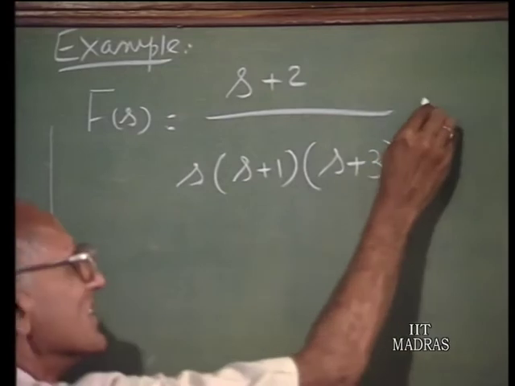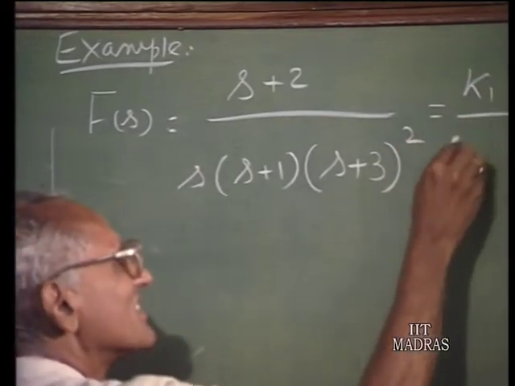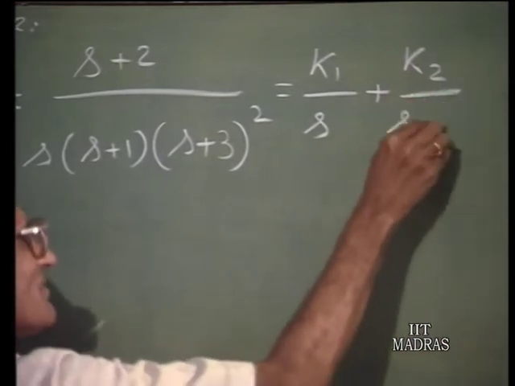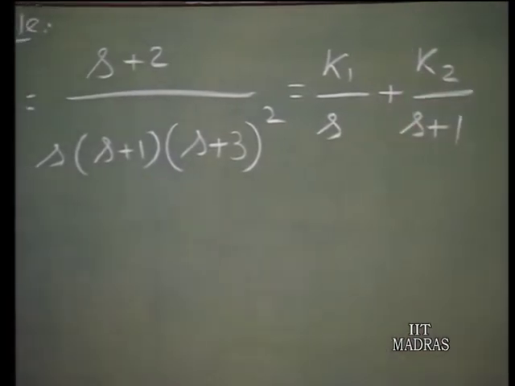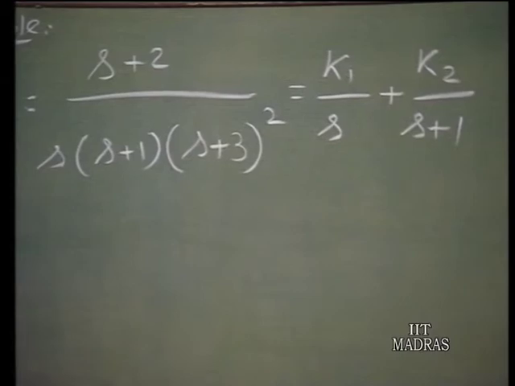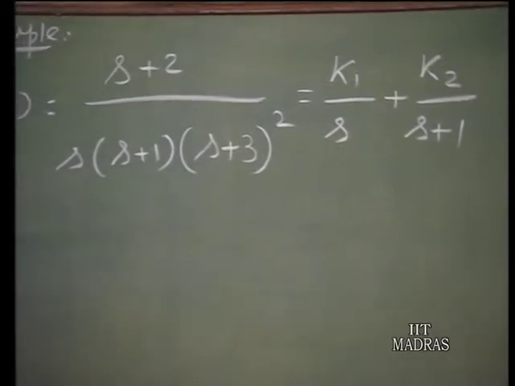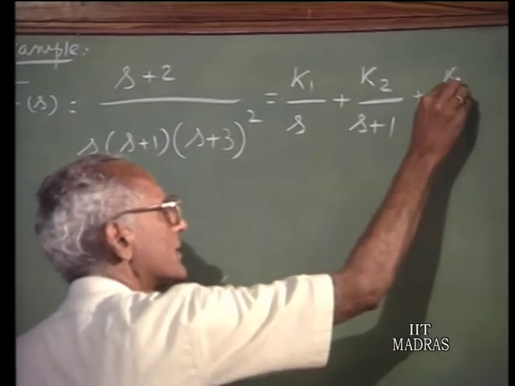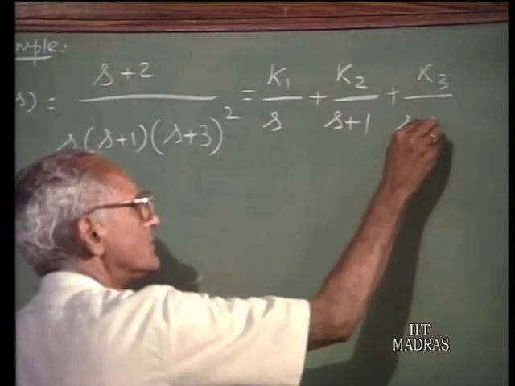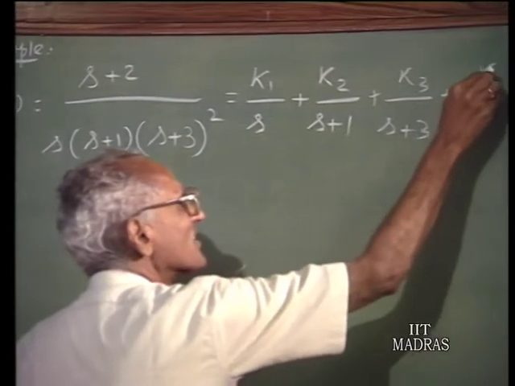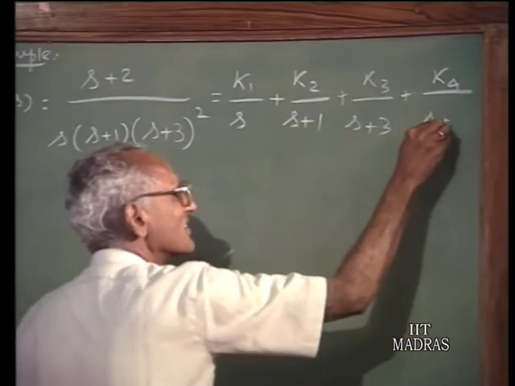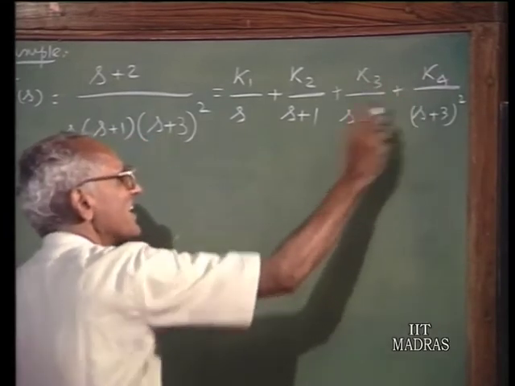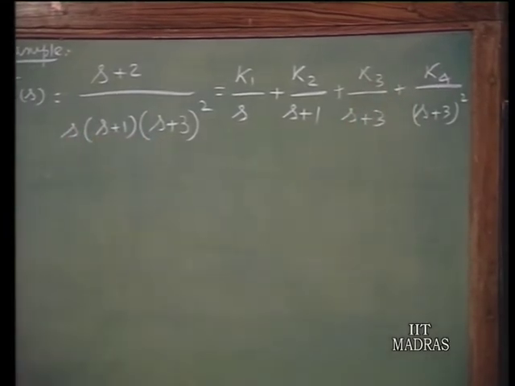Therefore we have k1 over s plus k2 over s plus 1, and corresponding to this multiple order s plus 3 whole squared in the denominator, you can express this as k3 s plus k4, or alternately it suits us to express this as k3 over s plus 3 plus k4 over s plus 3 whole square, because these are easily identified with the Laplace transforms of well-known time functions.